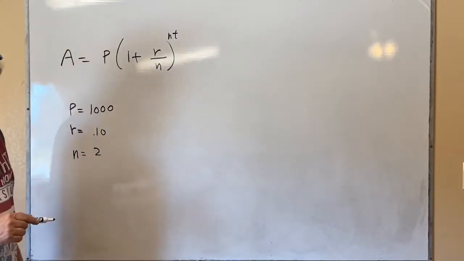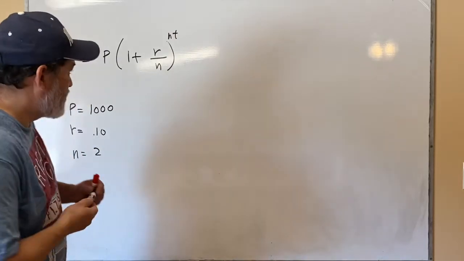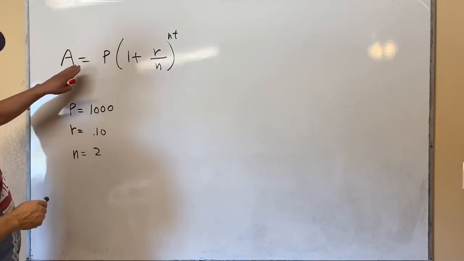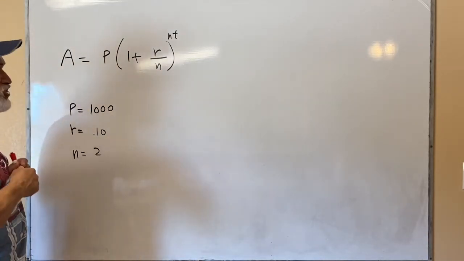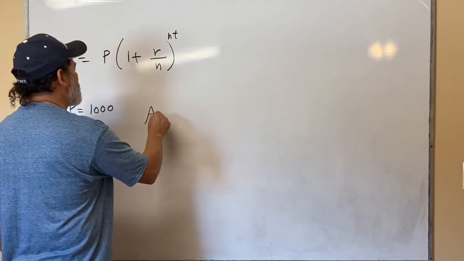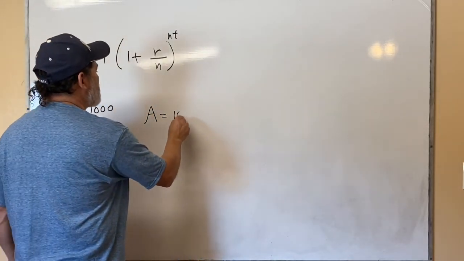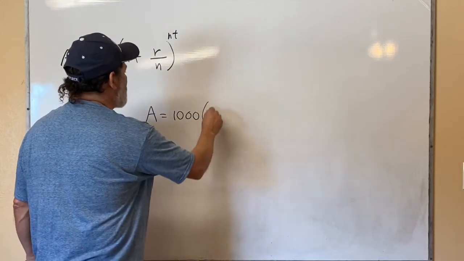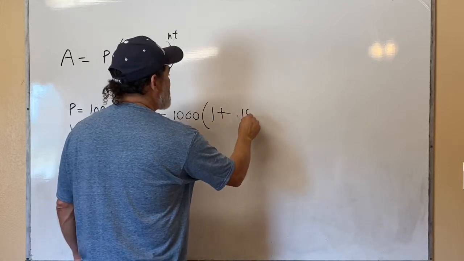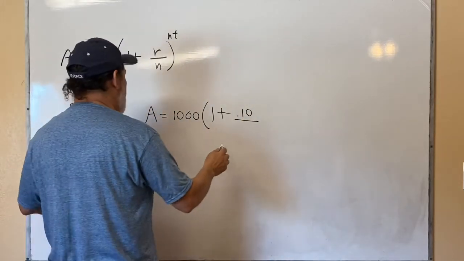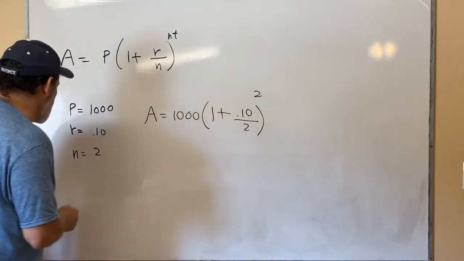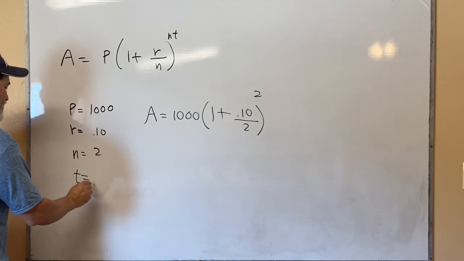I forgot my calculator, so I can't use it here. All you need to do is plug in the values and use your calculator to get the amount. So the amount equals 1,000 times 1 plus the rate, 0.10 divided by n, which is 2, raised to the 2 times, oh, and I forgot to say the number of years. Let's make it 10.